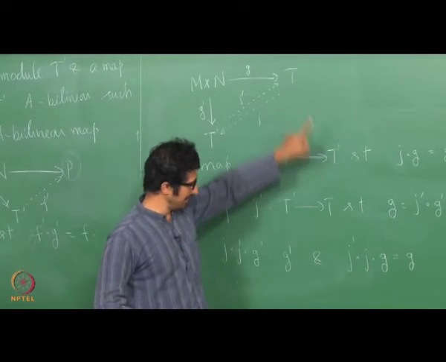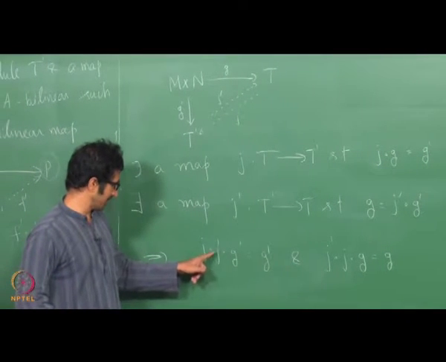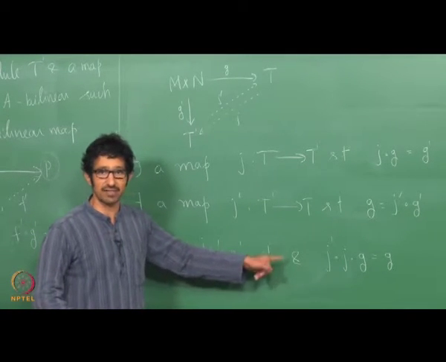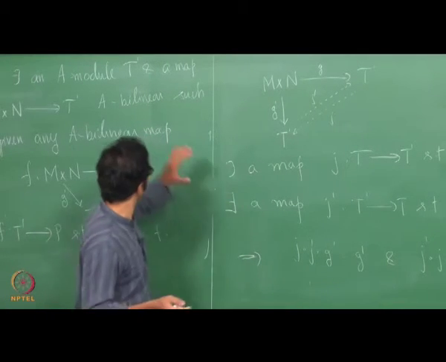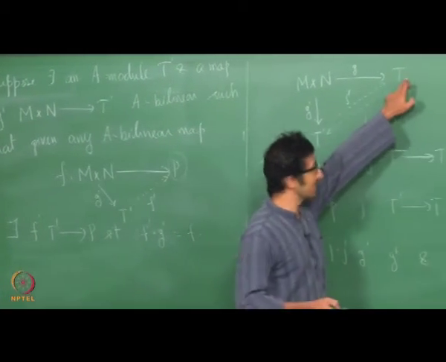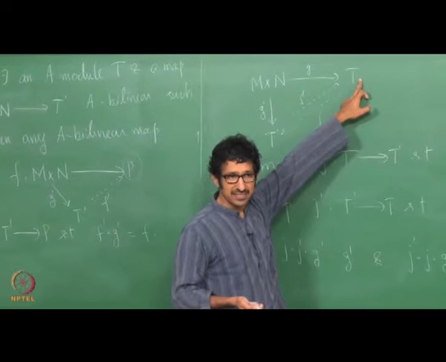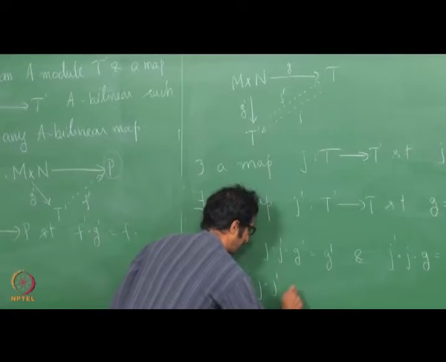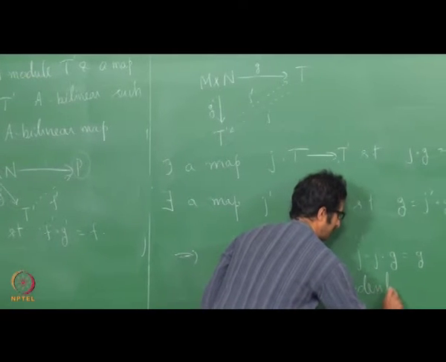So what this says is that J prime composite J acting on x tensor y is x tensor y for every x, y in M and N, but they are the generators of the module T. T is generated by these elements. So therefore this says that J prime composite J and J composite J prime are identity maps.